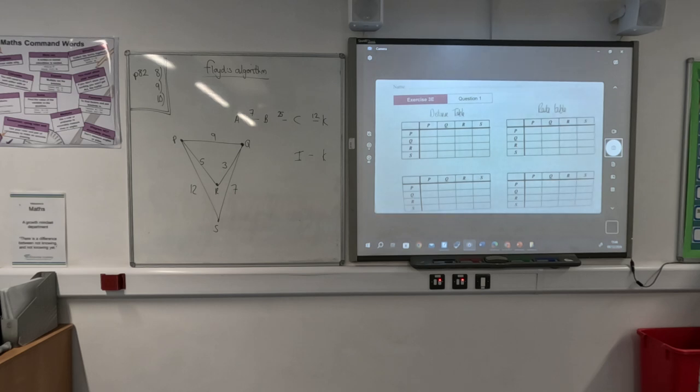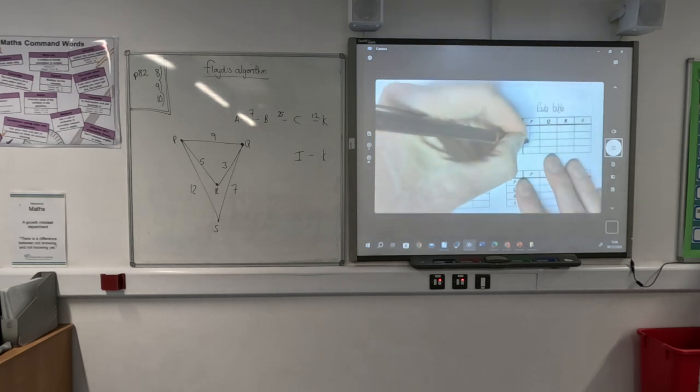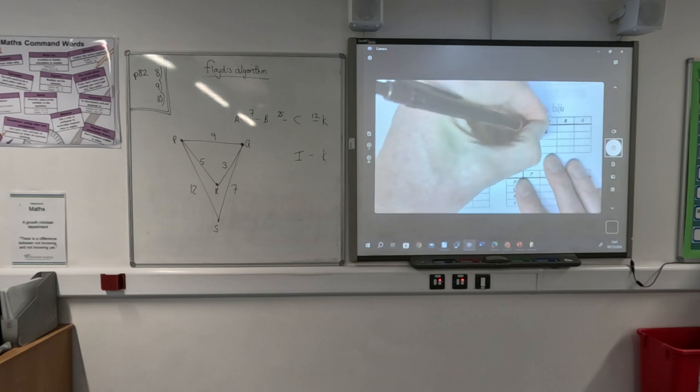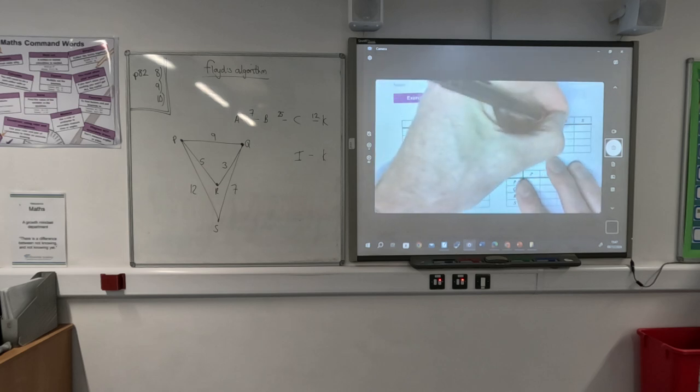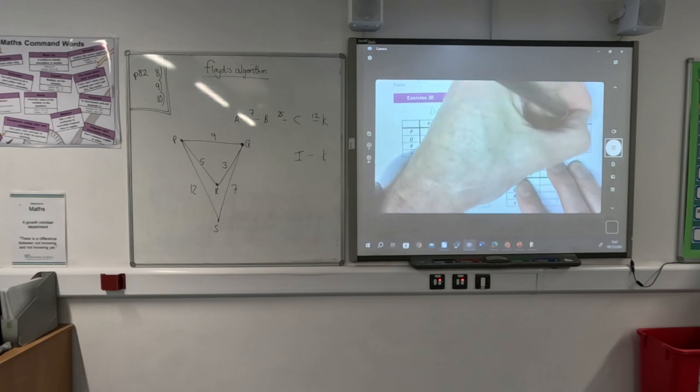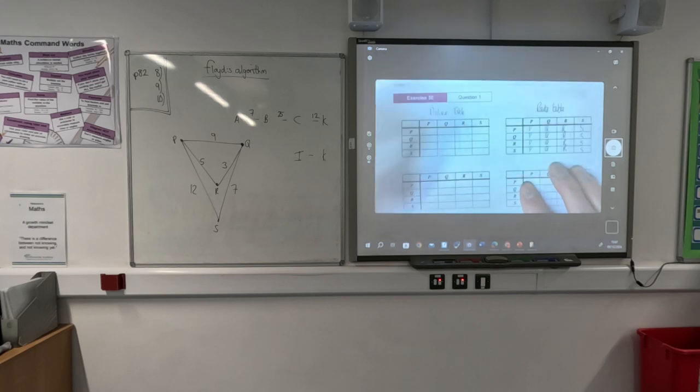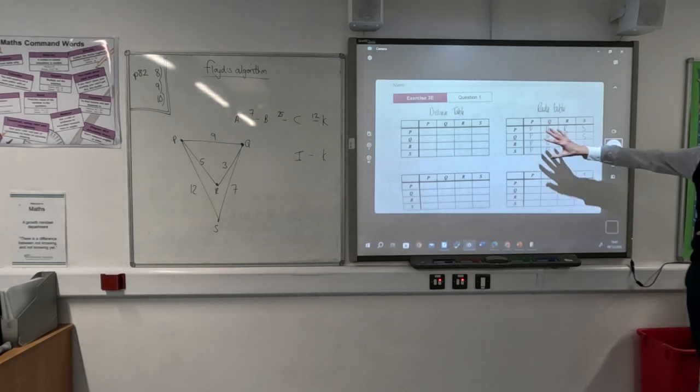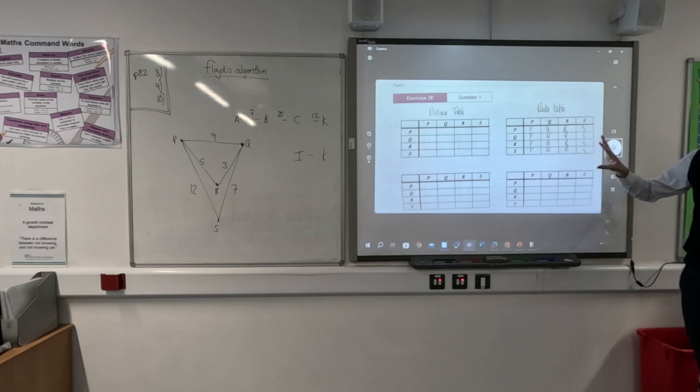And the route table starts off with just the letters from the columns copied down. And I'm going to explain how this route table changes in just a minute.